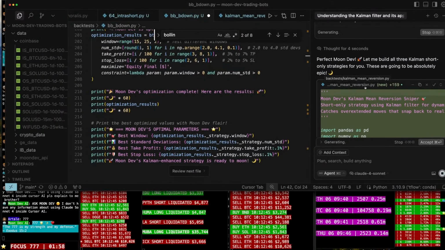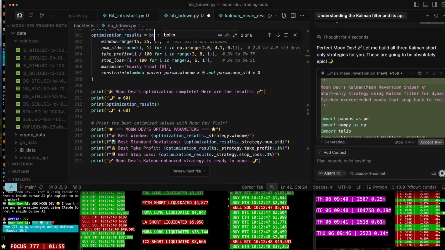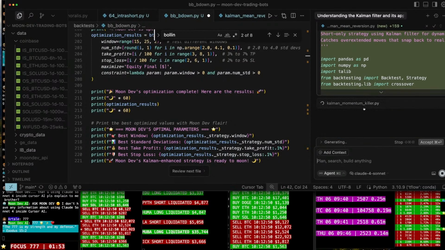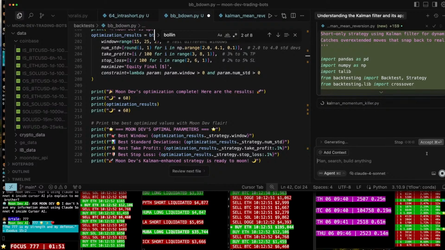So mean reversion here, Kalman mean reversion, and then Kalman momentum killer. So let's go ahead and let her work for a second.